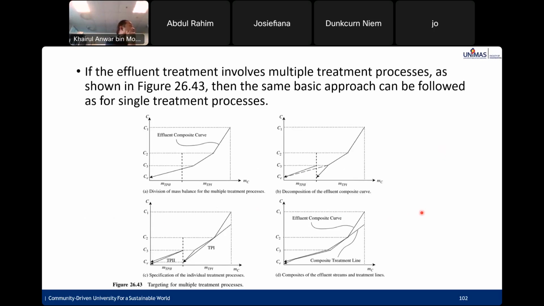If the effluent treatment involves multiple treatment processes, as shown in figure 26.43, then the same basic approach can be followed as for single treatment processes.